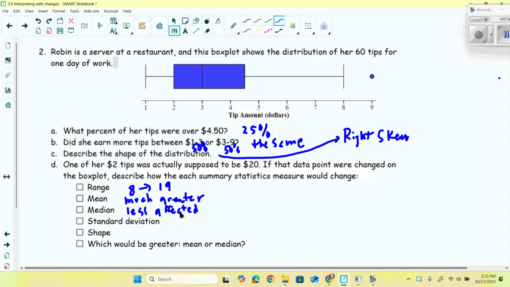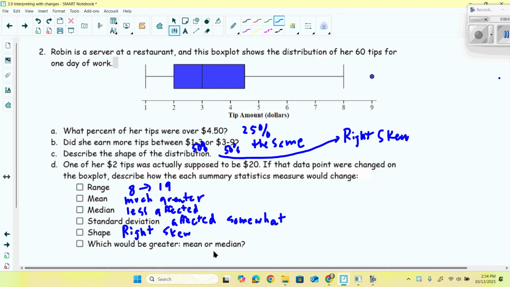Standard deviation, in this case, it would be affected somewhat, we'll say. And then the shape, it would be even more of a right skew.